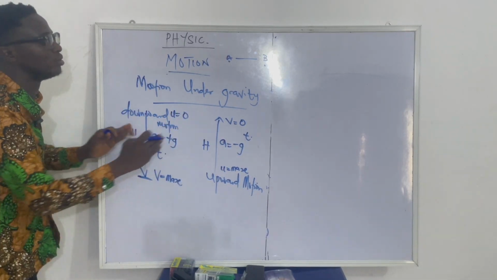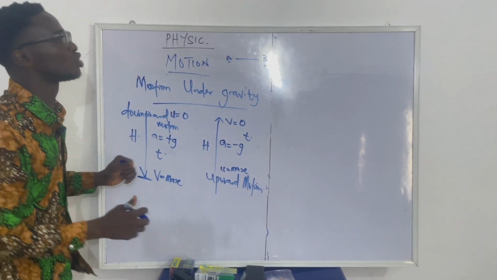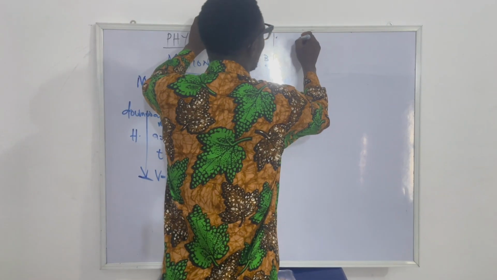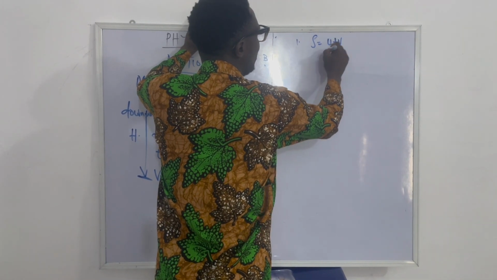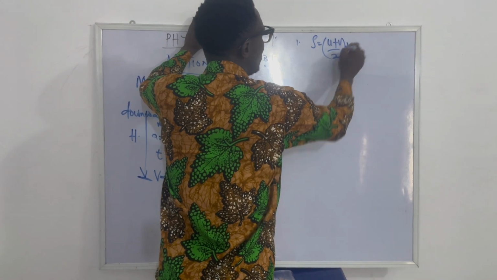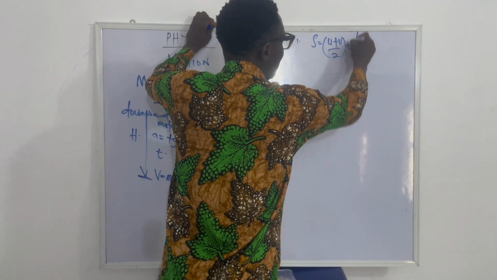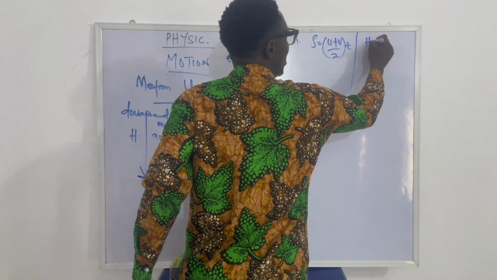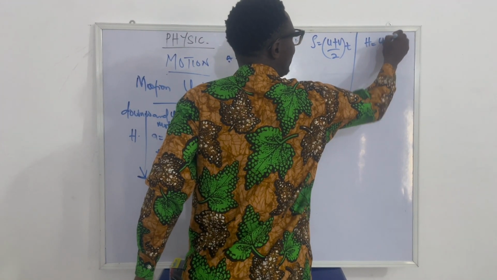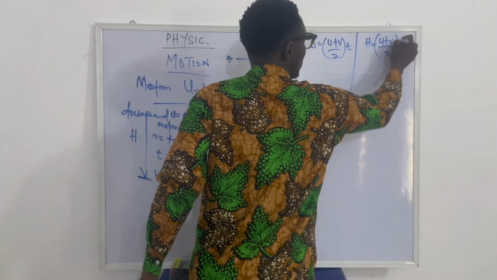in these given parameters. So let's say the first equation of motion is x equals u plus v over 2 times t. Now, mirroring it in the equation of motion, we say h equals u plus v over 2 times t.